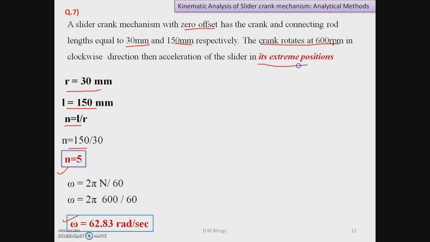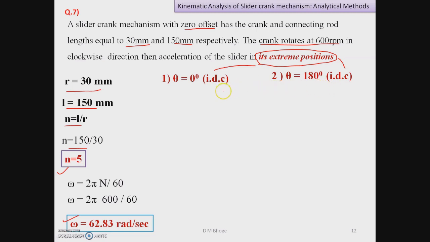Now the problem condition is that the piston is at its extreme positions. So when the piston is at its extreme position, crank angle will be 0 degrees when the piston is at TDC, and the crank angle will be 180 degrees when the piston is at BDC.